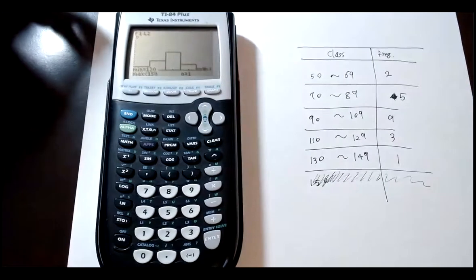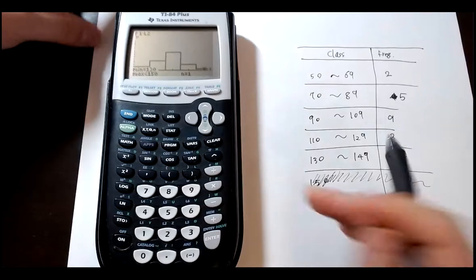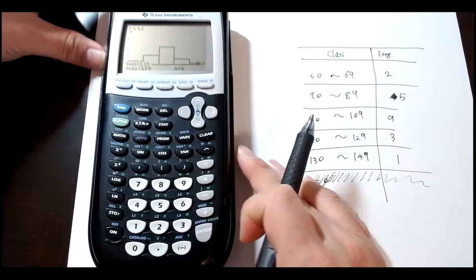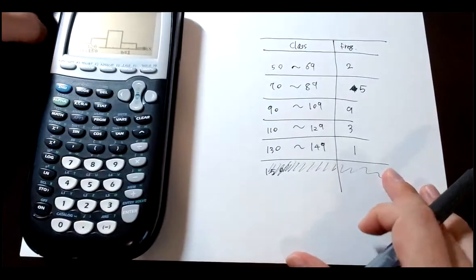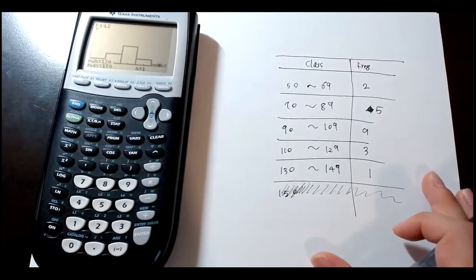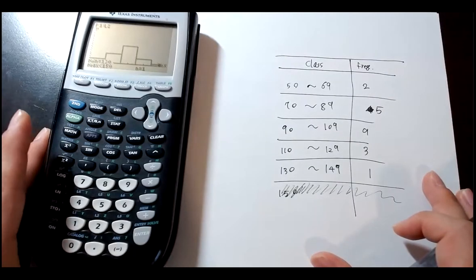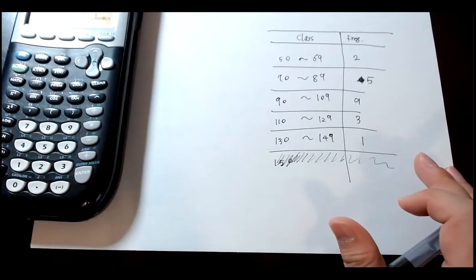But the problem says to draw a relative frequency histogram, right? We can't plot the relative frequency histogram using the calculator, so to plot it, you have to do it by hand.